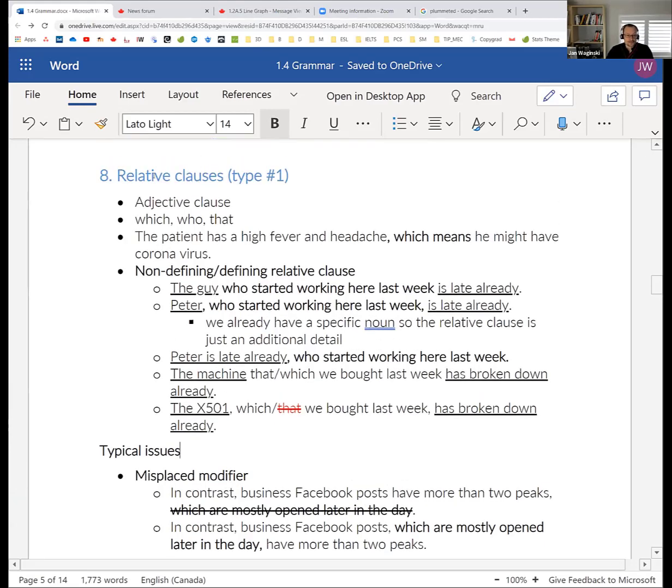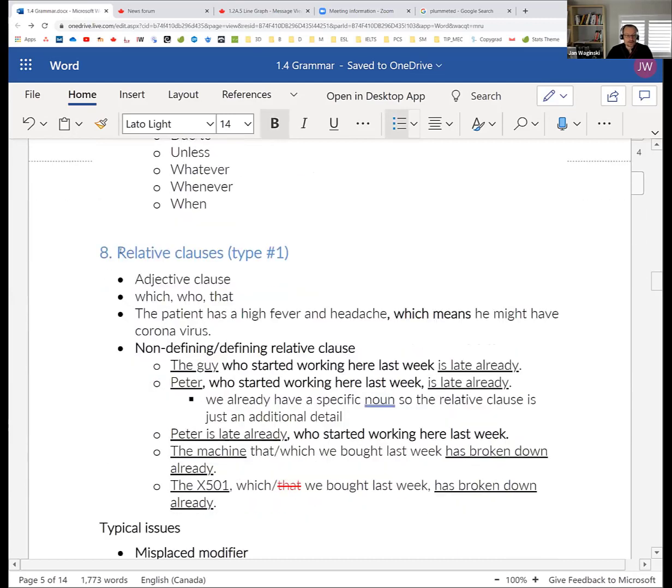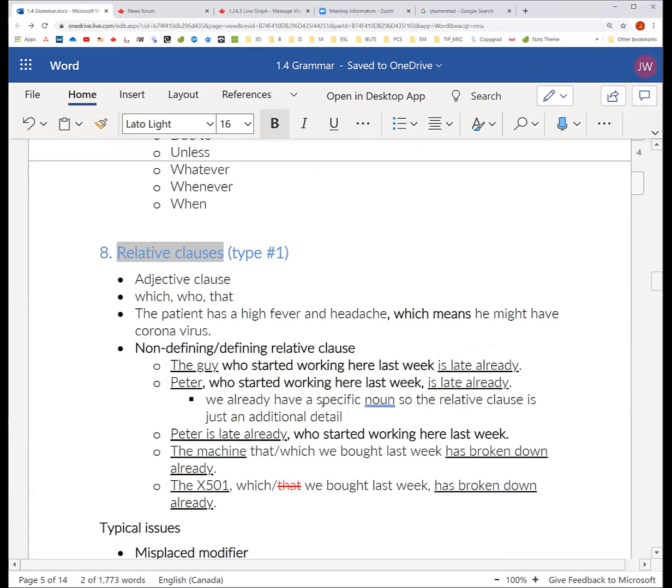Relative clauses. Sorry, I was using this phrase modifier. Relative clauses are what's called a bound modifier. When I say bound, bound means like tied together. You know, like a binder. Or the prisoner's hands were bound.